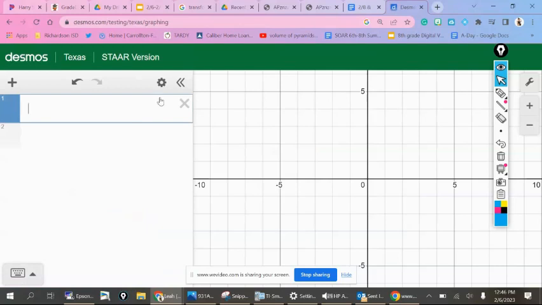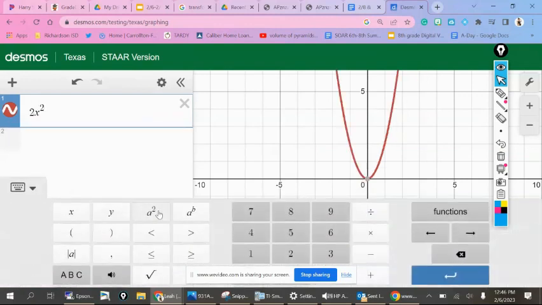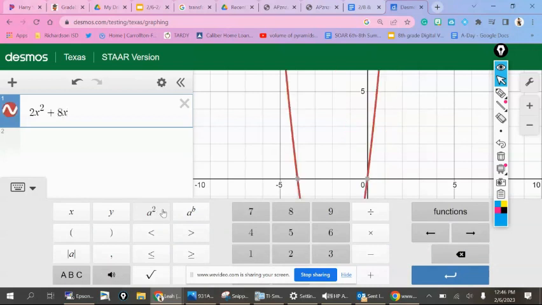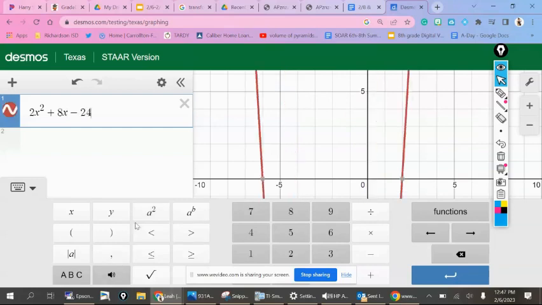And the first thing I'm going to do is type in that trinomial that we have, which is 2x raised to the second power, plus 8x minus 24. So the only thing we've done at this point was typing it in the calculator. That's all we're doing. Okay.